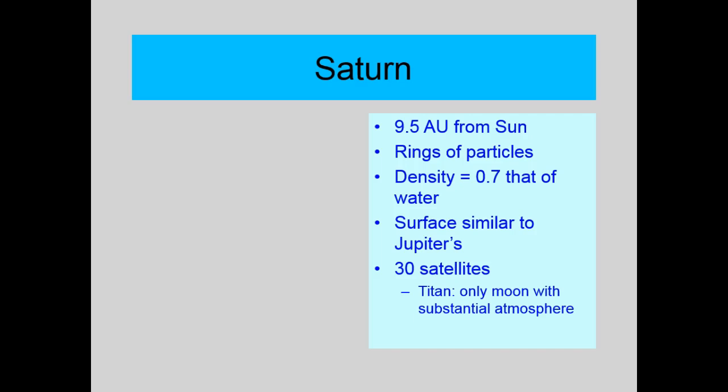Here's something else that sets it apart from the other planets. The density of the entire planet Saturn is less than the density of water. If you had a tub of water big enough, which there isn't, and put Saturn in it, it would float. An entire planet floating in water, at 7/10 the density of water.